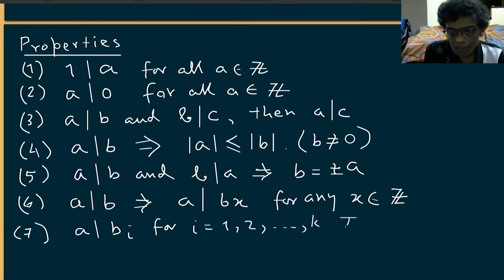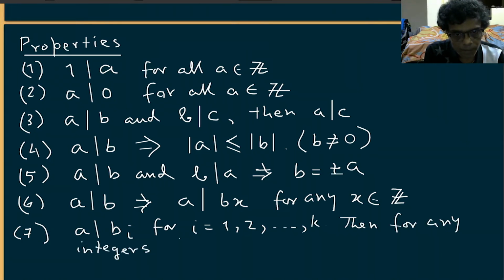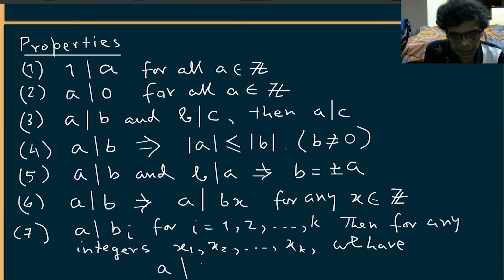Then for any integers x1, x2 up to xk, we have a dividing b1 x1 plus b2 x2 plus so on plus bk xk.